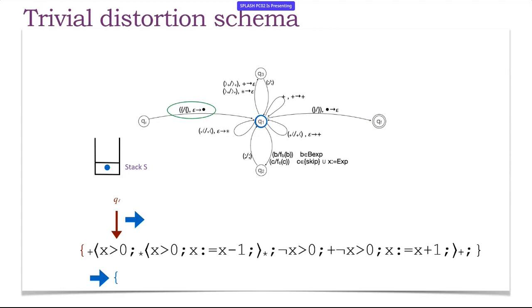And just as an idea, a trivial distortion schema: we have the functions fb and fc, which are simple syntactic transformations preserving the semantics. And then whenever we reach a guard or statement, we just transform it and it provides in output the same sequence of statements, but with the transformed expressions or assignments.